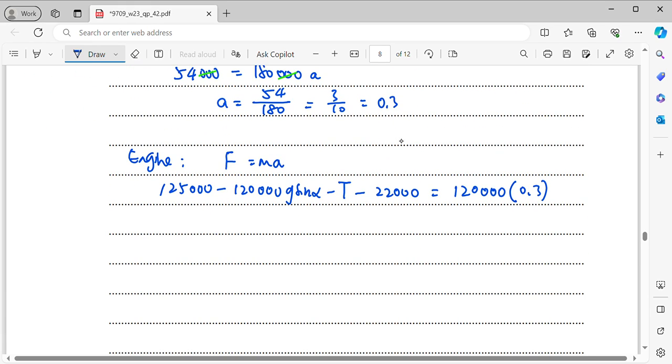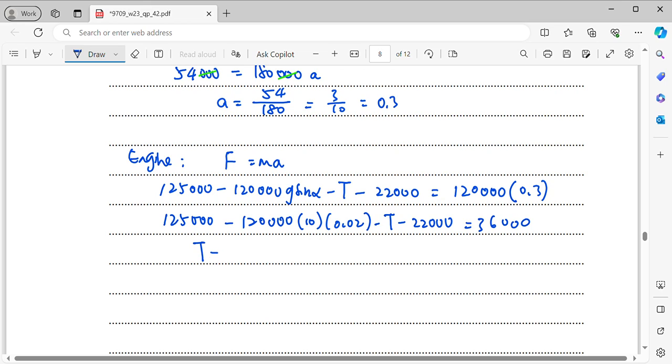Then from here, you will be getting 125,000 minus, right, all these values, and then 0.02. The T is unknown, then minus 22,000, that equals to 36,000.